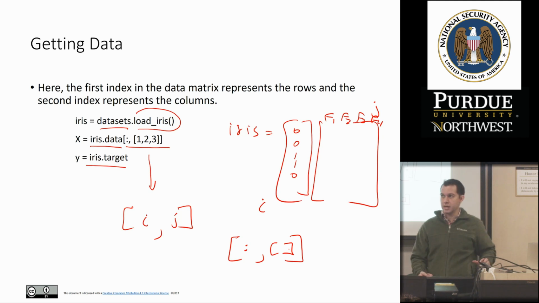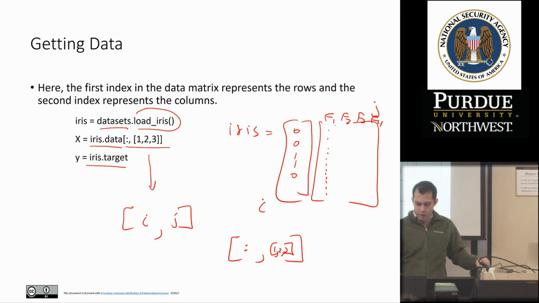All right, so what we're saying here with this slicing is the colon indicates all rows. So that term indicates all. So basically it means we want to slice all the rows, every single one, this one, this one, this one, this one, this one, all of them. And then we select which columns we want. So in this case, assuming this starts at 0, we're saying we only want 1, 2, and 3. And we're going to ignore 0. So that's why you say 1, 2, 3.